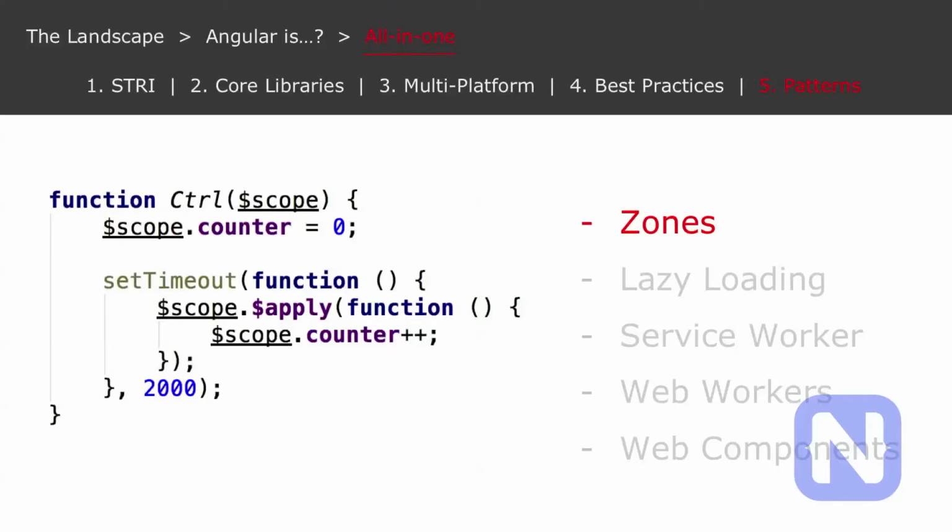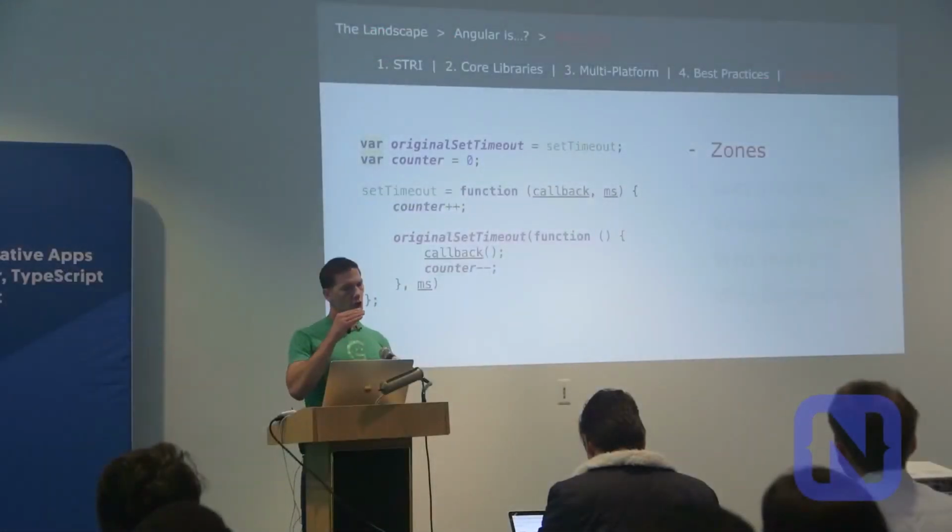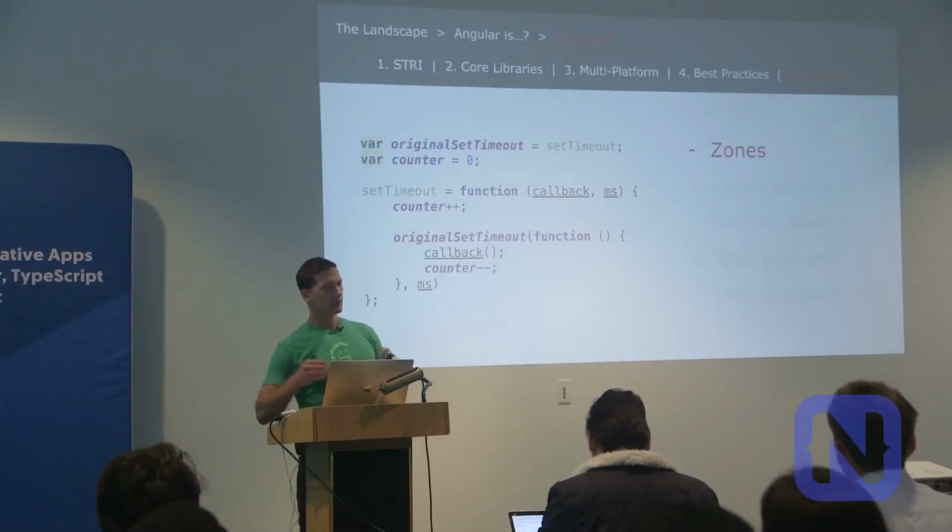And with zones, this is not the actual implementation of zones, but this gives you an idea, essentially it monkey patches every async call possible in your code and keeps counters, and keeps track of different properties and errors, so that even if you're going way down in the call stack, you can still track what's happening with your app.